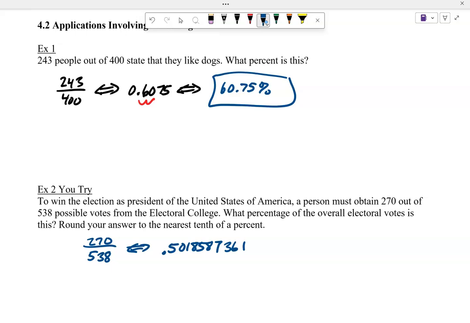I punch that in, but we want it as a percent. Let's move it over to percent, but we want it to the nearest tenth. Right there where the 1 is. So I look to the right of the 1, it's an 8, that'll bump that up, right? If it's a 5 or more, it'll bump it up. So 50.2%.